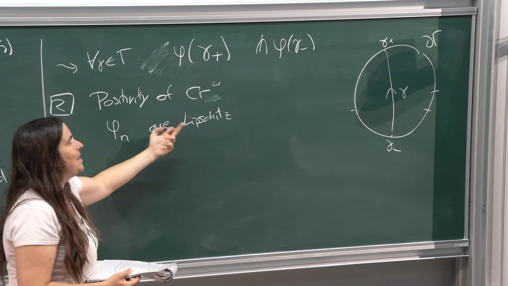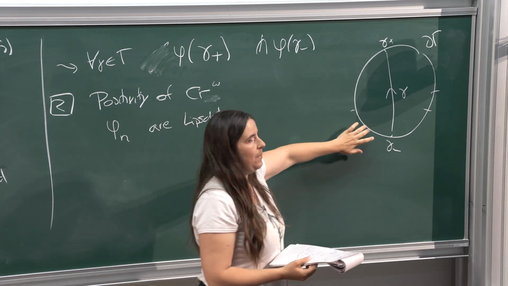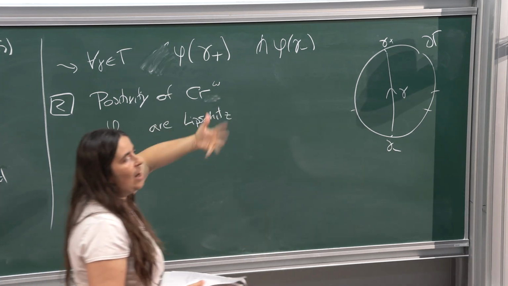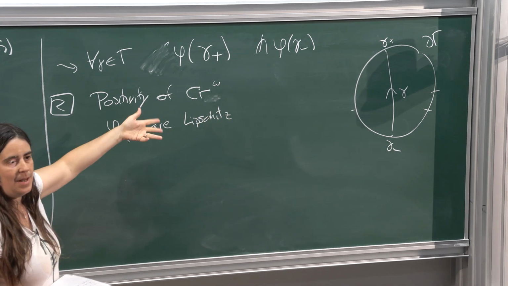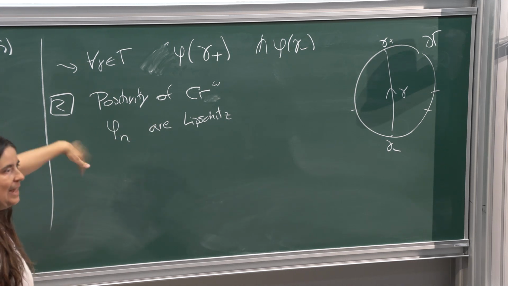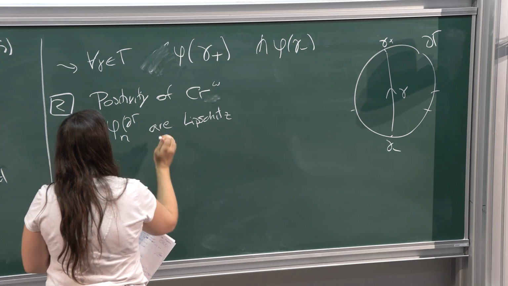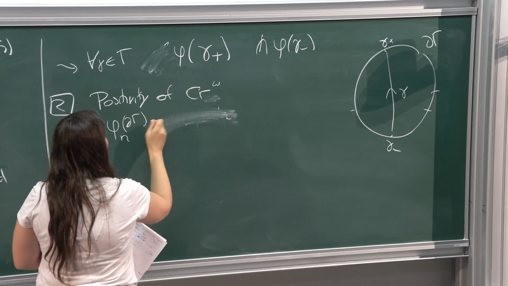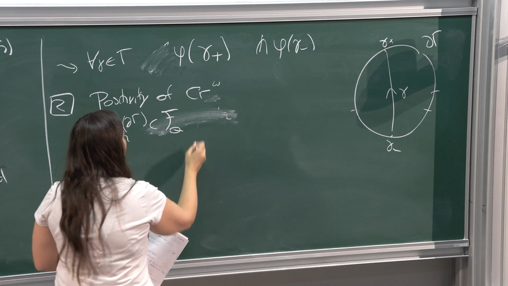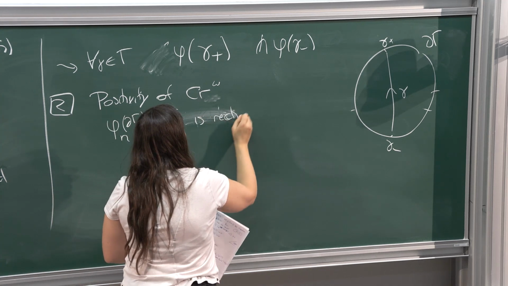They're not Lipschitz as maps because I don't have any Lipschitz structure up here, but I have a smooth structure on the flag space, so I can say that these are Lipschitz submanifolds, or rectifiable, like the image of phi n. Maybe I write it like this: phi n of the boundary of gamma inside the flag space for theta is rectifiable.